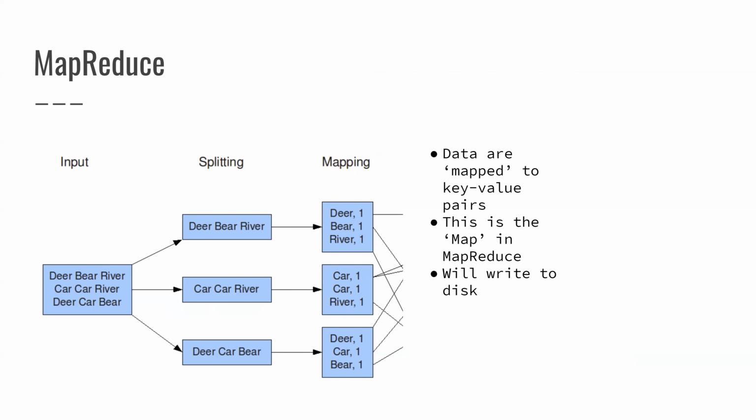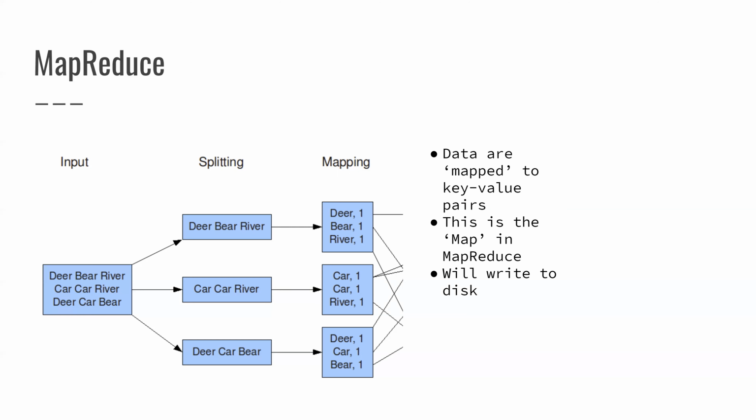So after the data are split up and allocated across the different workers, what happens then is they are, quote unquote, mapped to key value pairs, right? So it takes this initial format of data and creates a key value pair, basically like a Python dictionary, where it then does the action of counting up, in this example, the number of words.